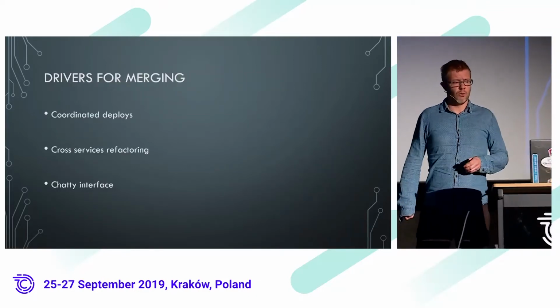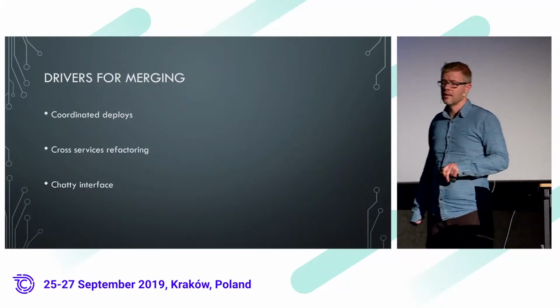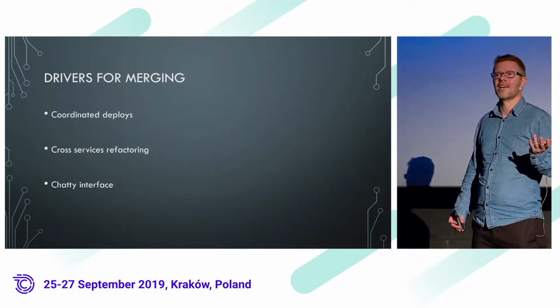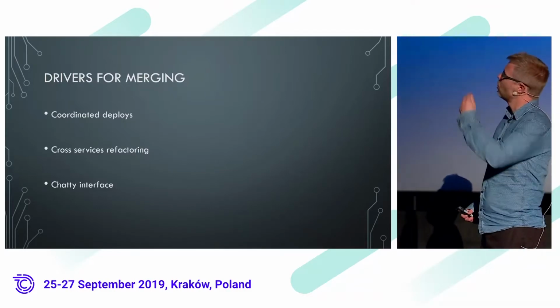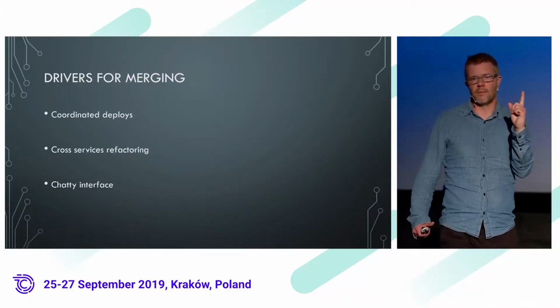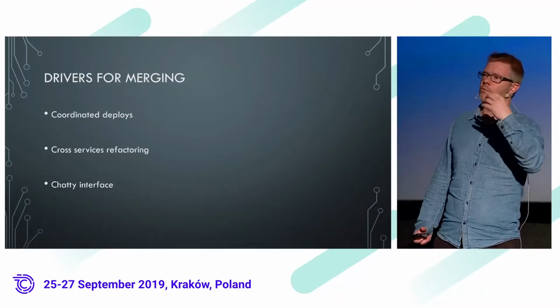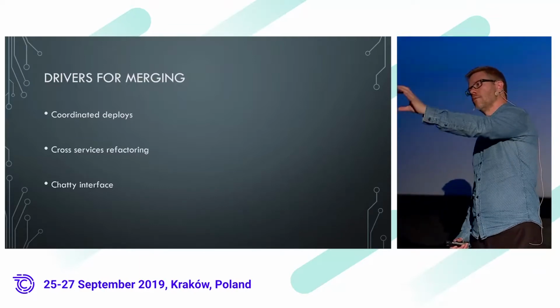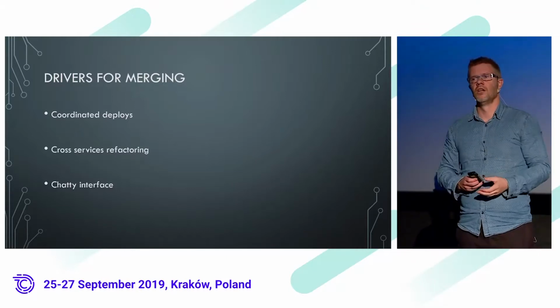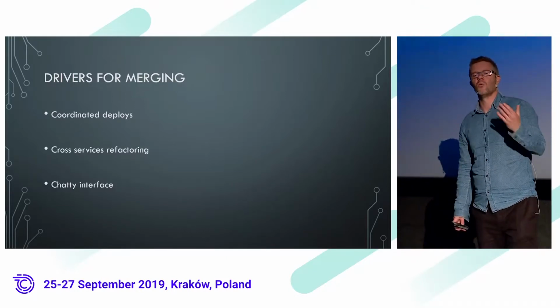So the drivers for merging, and the way that you figure out that, oh, maybe this should actually be one microservice, is often if they're coordinated deploys. One of the characteristics that I wanted a microservice to have was that it was individually deployable. That means you can take just one microservice, bring it down, deploy a new version of it, and you can just continue. But that doesn't always happen.